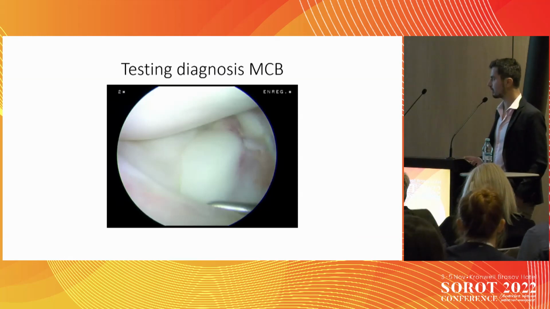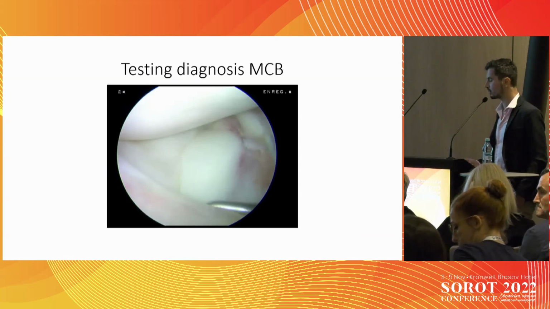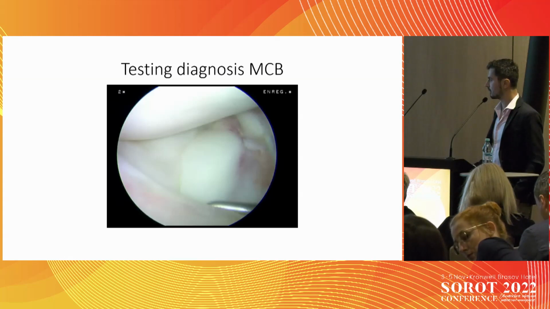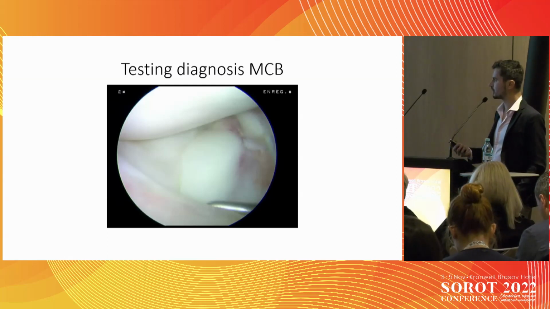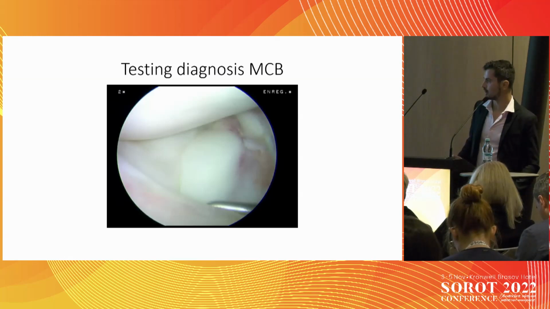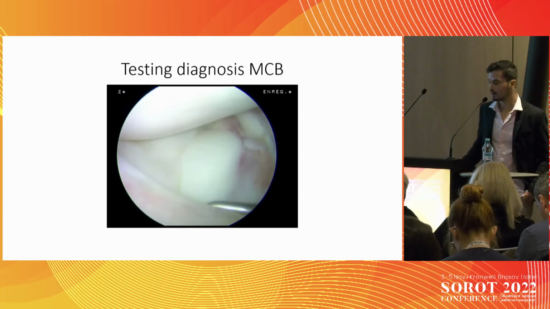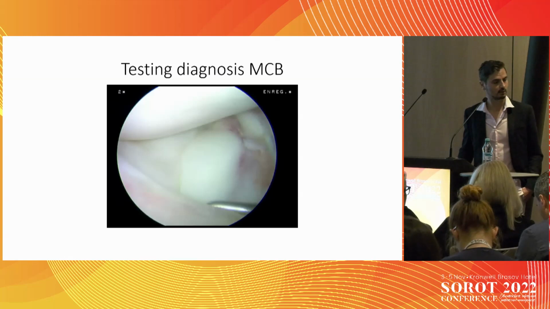We are testing the instability of the posterior corner because sometimes it's not evident, and you have to show it with your palpator after the tear.